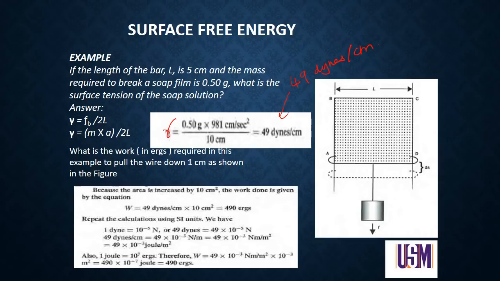If you are asked what is the work required in this example, the work required will be equal to, because the area is increased by 10 square centimeters, 49 times 10, which is 490 ergs. If you need to calculate using the SI unit, then you may convert by using the equation here.